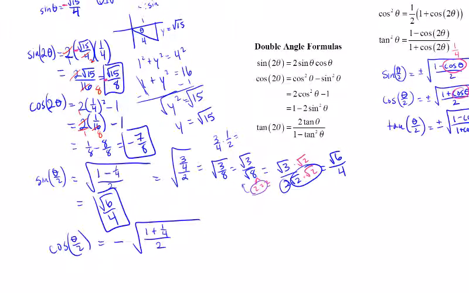So we put 1/4 in there for cosine, and so that's going to be negative square root of 5/4 over 2. So then we'll do 5/4 times 1/2, and so that becomes 5/8.